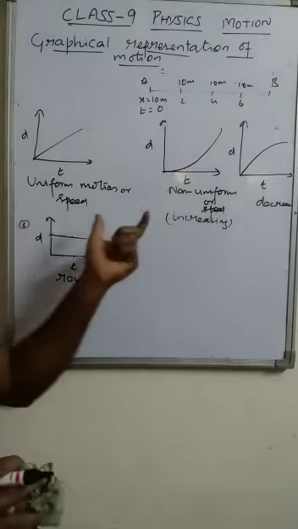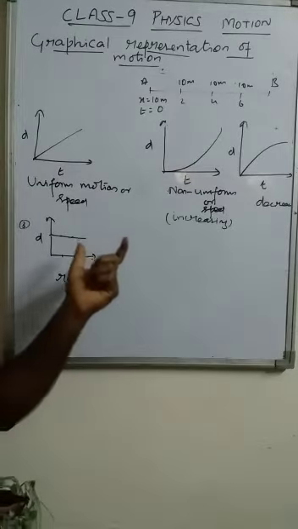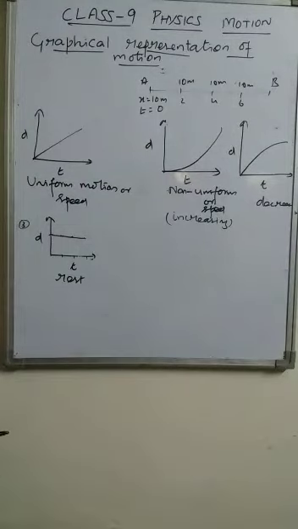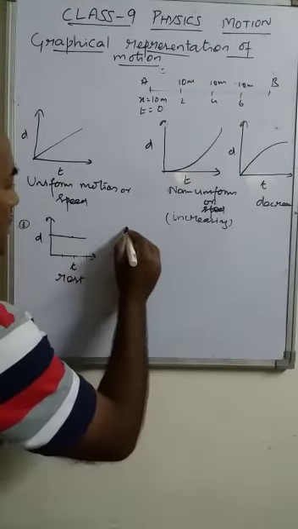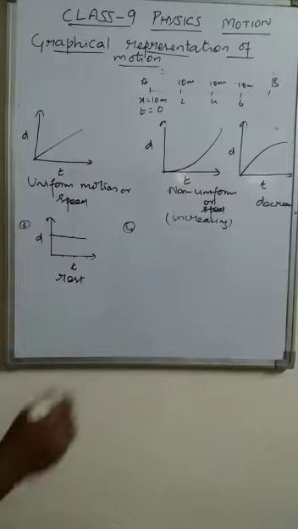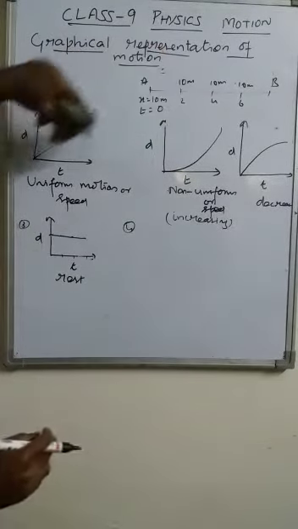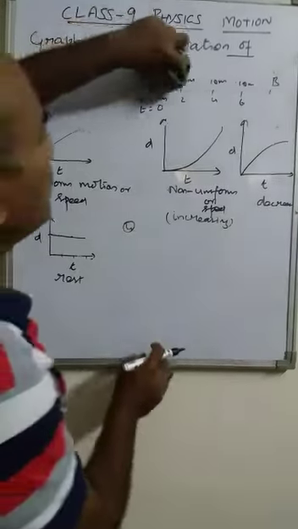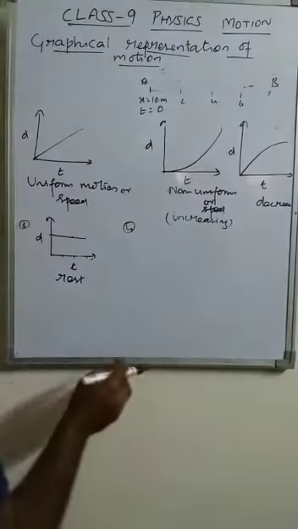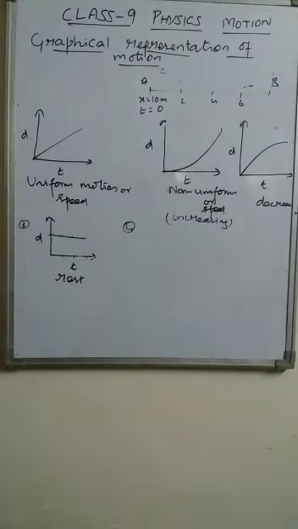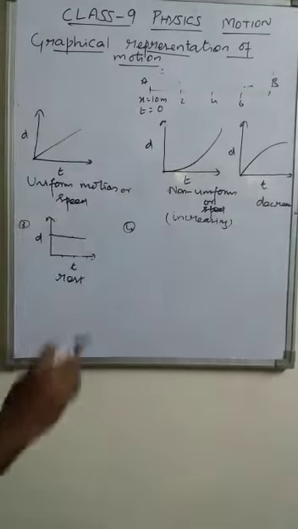These are the graphs which we already discussed in class 7th. Then one more graph also discussed: this was the case for the object at rest. Then if the object is going to change its position, the object is going to move.